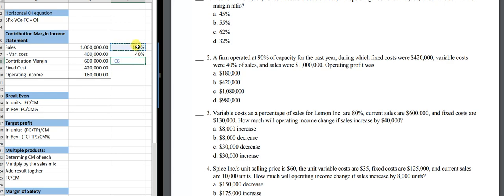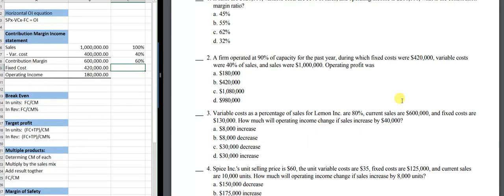It would be 60%, because if variable costs make up 40% of sales, the other 60% is contribution margin. Contribution margin is the amount of every sales dollar that contributes towards covering fixed costs or operating income.